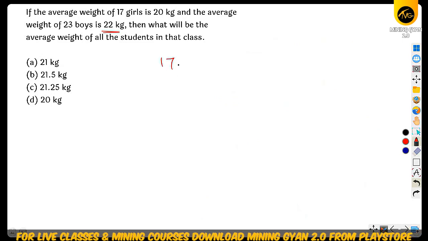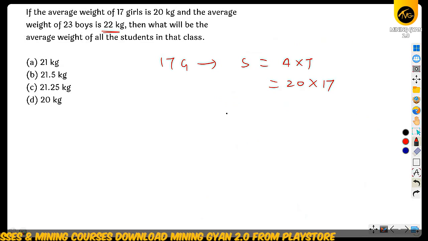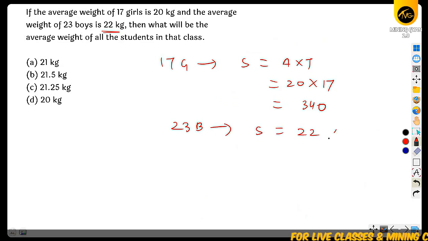Now for 17 girls, S is equal to A into T. That means 20 kg into 17 girls. 17 is the total number of elements. Now just multiply these numbers, 340. Now for 23 boys, S is equal to 22, the average weight, multiplied by the number of students, that is 23.